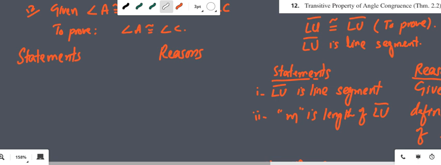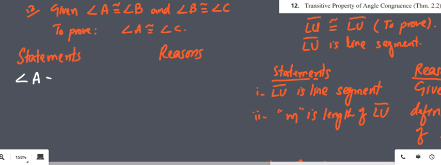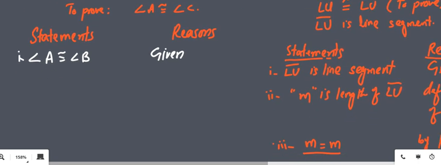So the first statement that I am writing is that angle A is congruent to angle B. From where did I get this statement? I got it because I was given that, right? Okay.